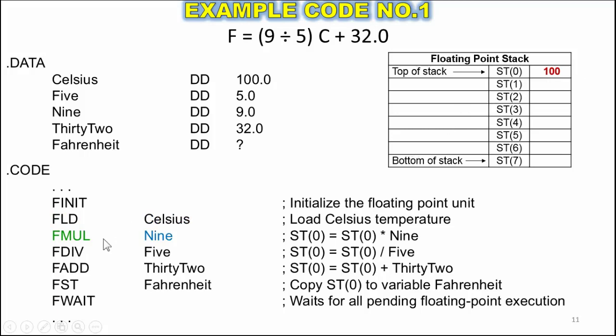The next command, FMUL 9, multiplies the value of the variable 9 to the top of the floating point stack, the value 100. And the product, which is 900, is stored and replaces the value at the top of the floating point stack using this formula: ST(0) is equal to ST(0) multiplied by the variable 9.